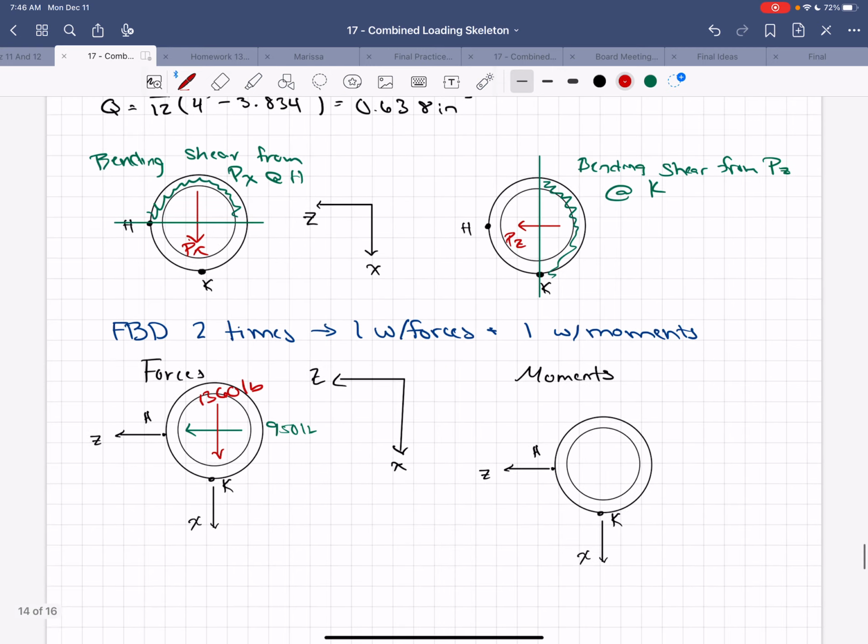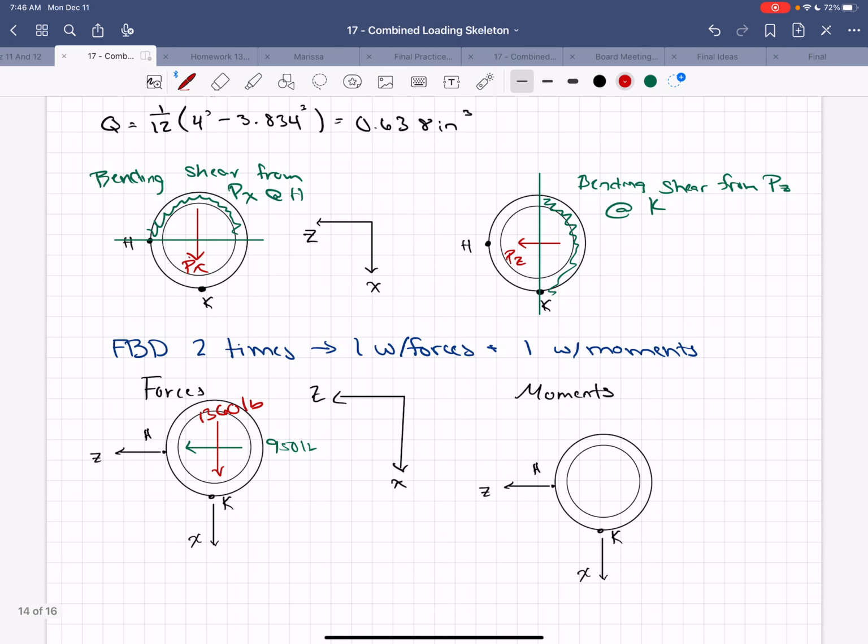So here we have Z and X, and Y would be coming straight out. So we can draw that kind of like this. So Y is coming straight out of the longitudinal axis. So in the X direction, we're going to have a moment from the force in the Z direction. So we'll have a double arrow in the positive X direction. So we use our right hand rule to determine that.